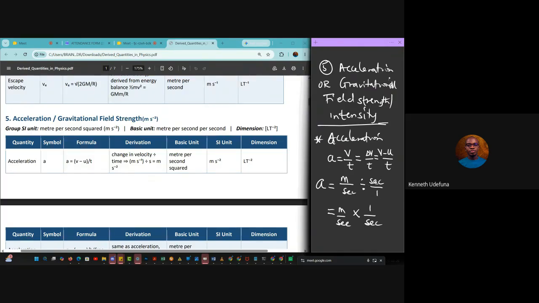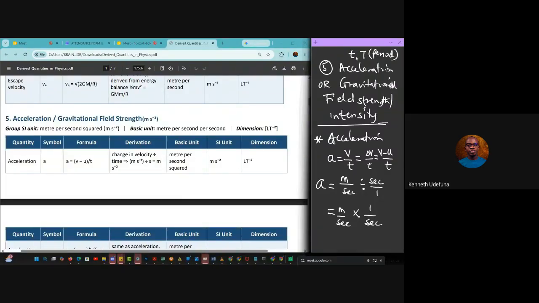Can time be written in capital letter? Can time be written in both capital and small letters? No, for time, please every one of you should take note of this. Time is written in formula as a small letter. Anytime you see capital T in a formula, it means period.